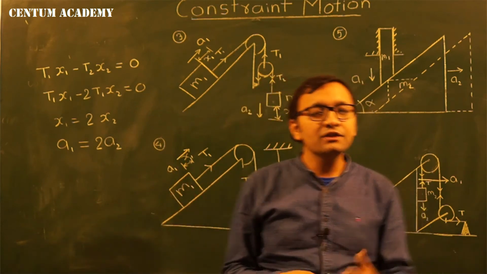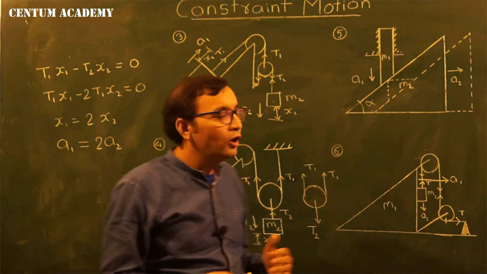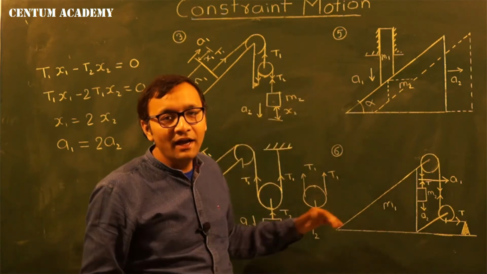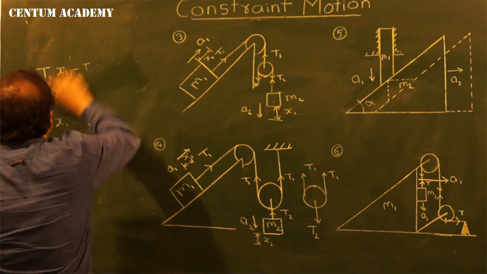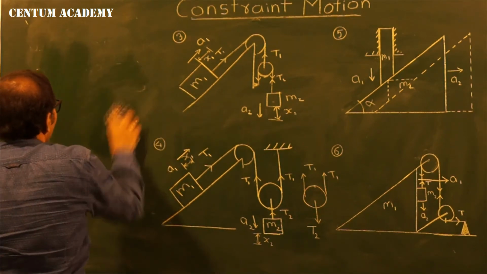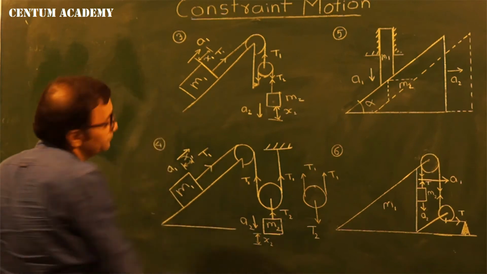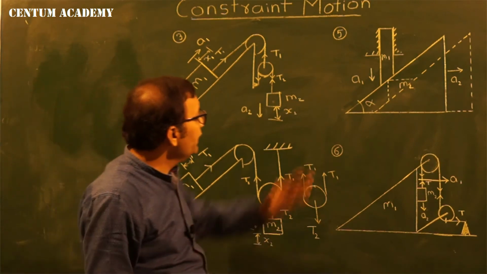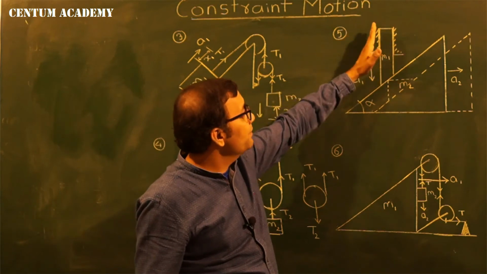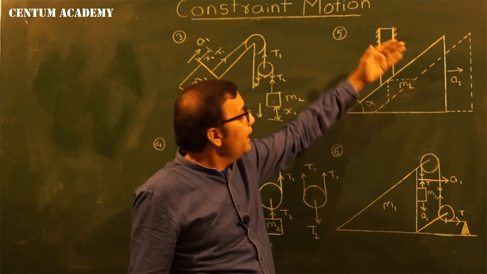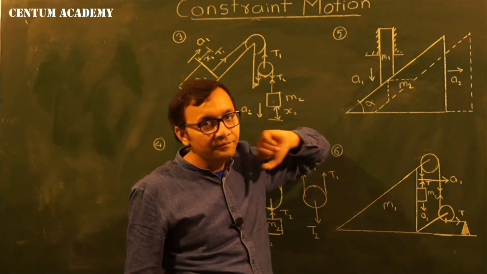Now let us try little bit more involved problems, question number 5 and question number 6. In question number 5, there is a bar which is supported horizontally and it can only move vertically.